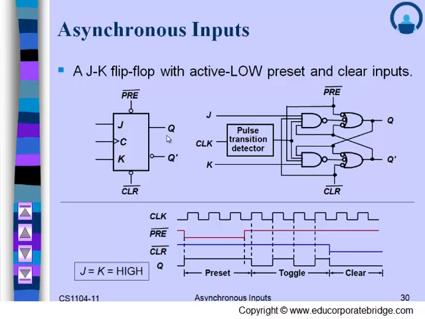But since we have to change the state Q without using the clock, that is, if we want the flip-flop to change the state with the help of this preset bar and clear bar, as seen before, we don't select clock and we select preset bar and clear bar correspondingly as per the requirements.